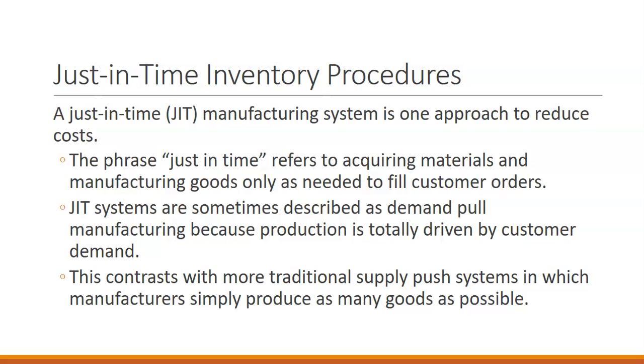Just-in-time manufacturing is used very much now so that we no longer pile up inventory. It's called a pull system because the customer drives the demand. When a customer order comes in, then we manufacture. Traditional manufacturing was a push system where we would produce as many goods as possible, keep them in a warehouse, and then they were just available when our customers needed them.